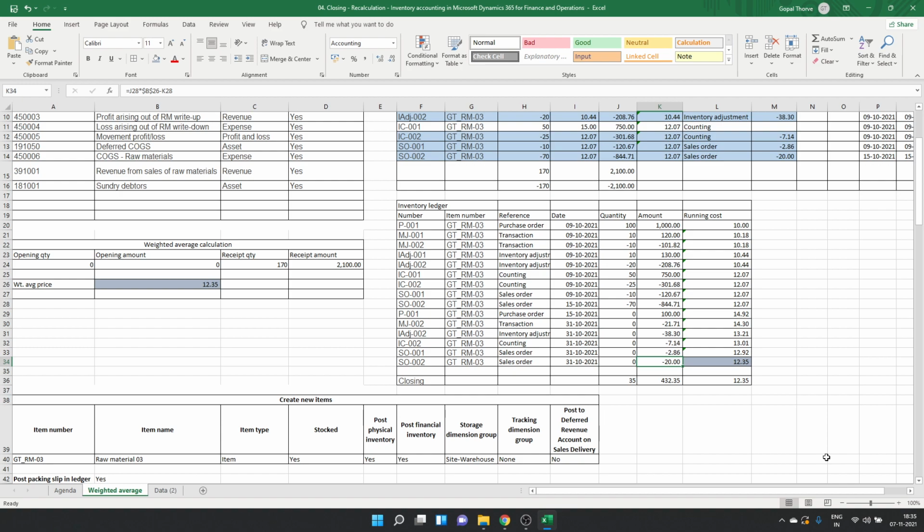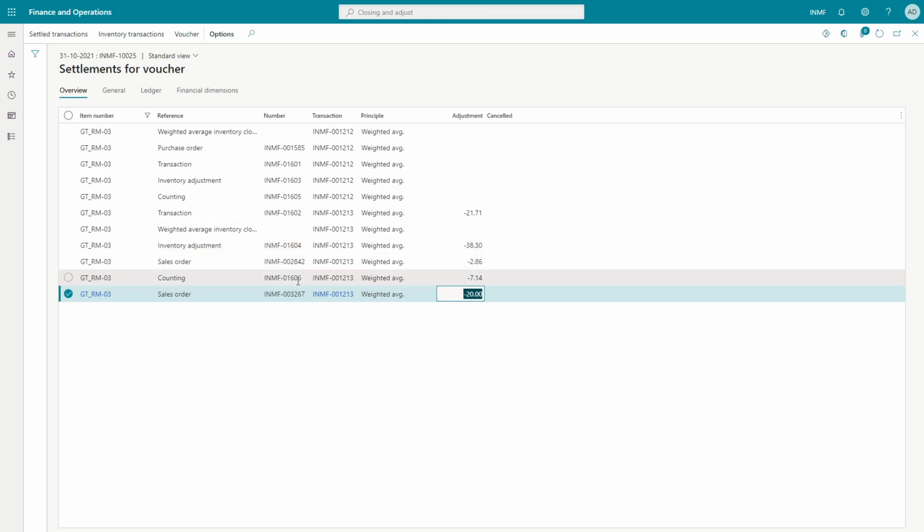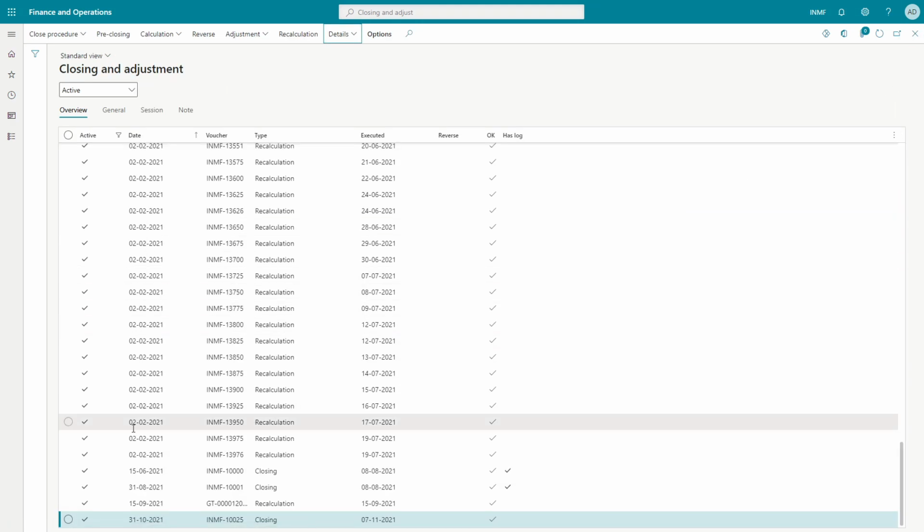So this is what happens when we do the closing of inventory. Now let's see the inventory transactions for this particular item and see which other transactions are created there.